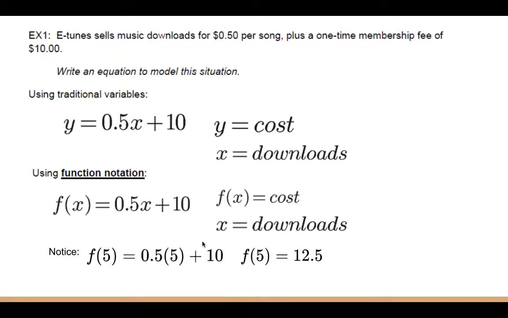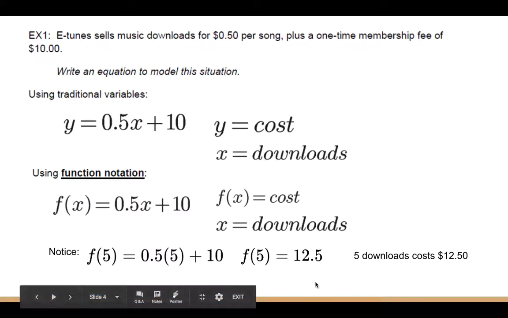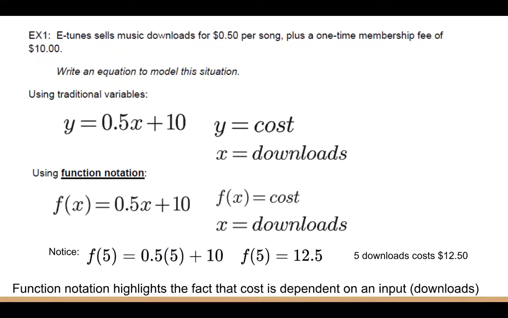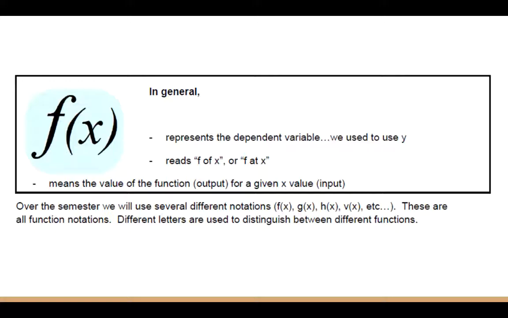That would give you $12.50. So 5 downloads cost $12.50. But you can also say f(5) equals 12.5. Notice that we're emphasizing that the cost is dependent on the input downloads, the x value.